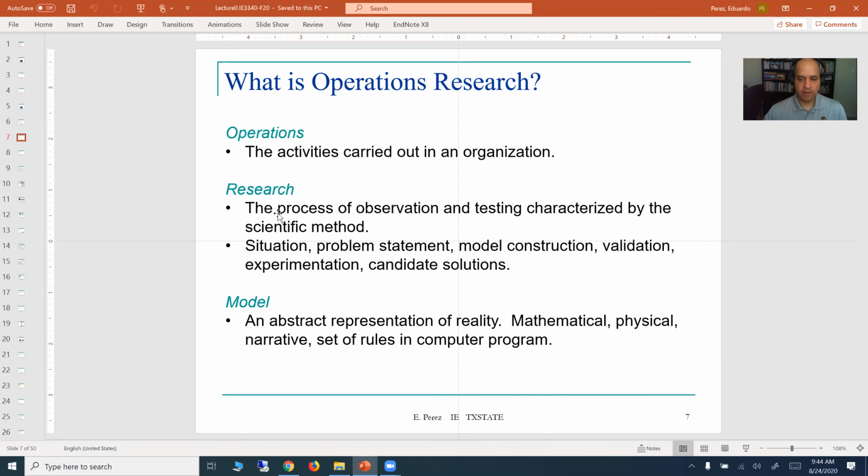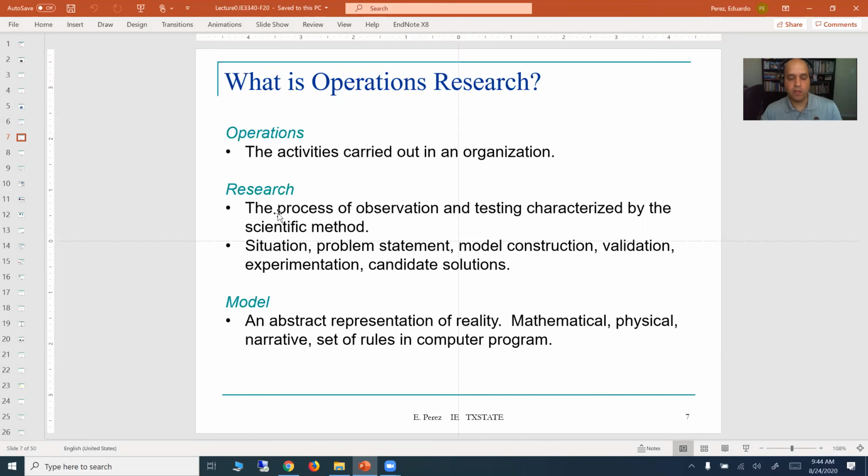A model can be mathematical, physical, narrative, or a set of rules in a computer program as well. So we can develop models using different tools. But the idea is that we are representing reality using some type of abstraction.